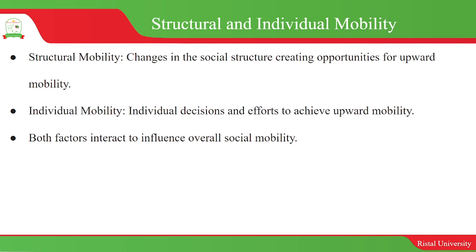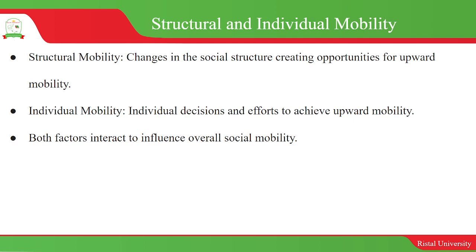When we come to individual mobility, we look at the decisions that are made at the individual level and how they influence your movement upwards. Those are the things that we talked about in terms of your resilience, perseverance, self-efficacy, being a person who looks out for opportunities and works extremely hard to move.